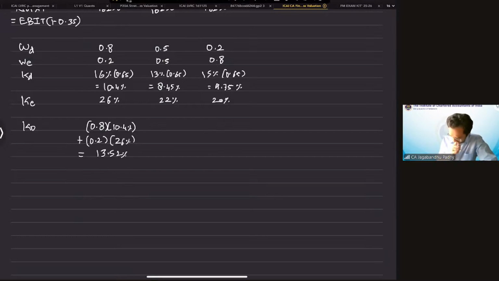Then in the second case, 0.5 into 8.45% plus 0.5 into 22% gives 15.225%.